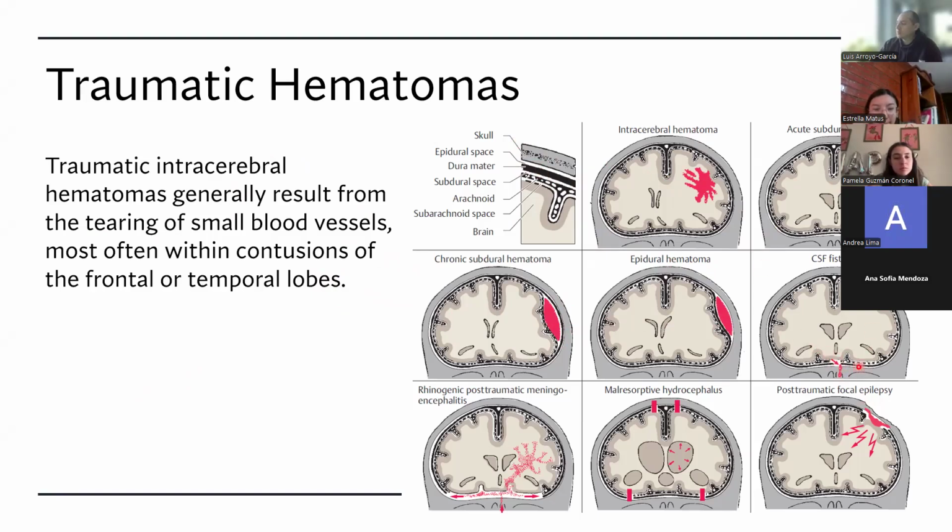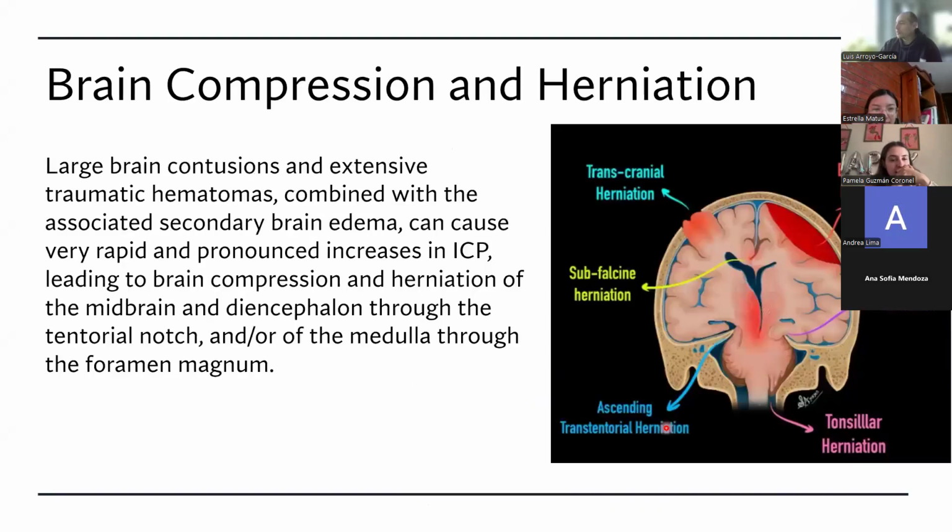This is what I was saying before. If you have a fistula or a small tear, and then the CSF starts escaping, you can have meningoencephalitis, for example, or it can even be caused by the whole broken part of the skull. You can even get epilepsy, or the herniation of the brain we were showing before.